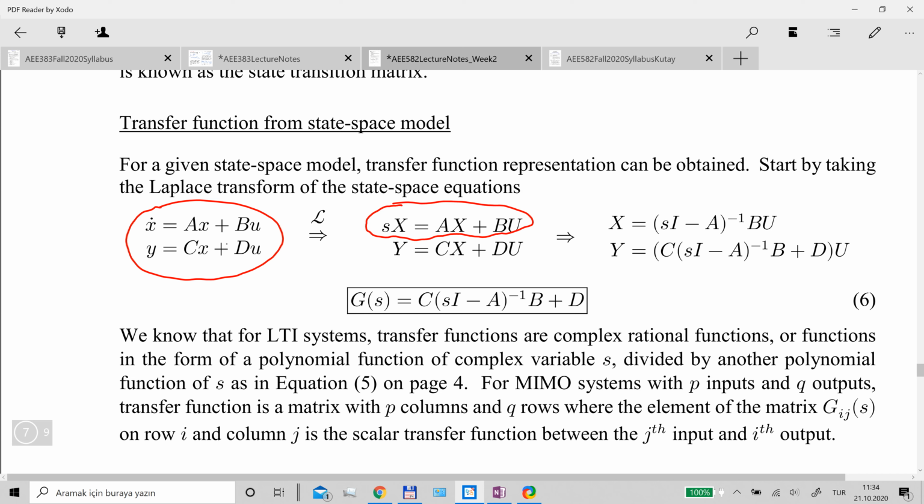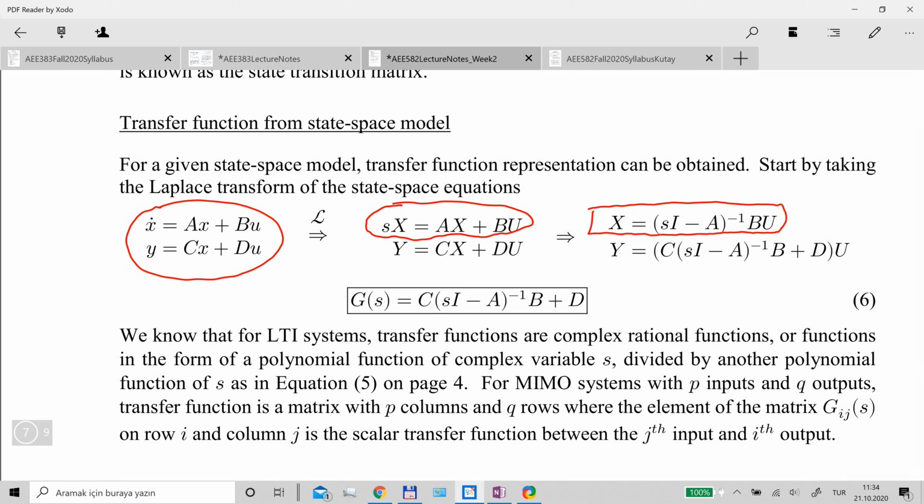Since x is a vector and A is a matrix, to combine this into parentheses, you need to insert the identity matrix here so that this is dimensionally compatible. And you combine them on the left hand side and you multiply the matrix with the inverse of sI minus A, and this gives you the x state vector, the Laplace transform of the state vector.